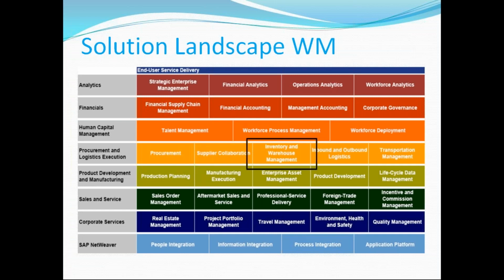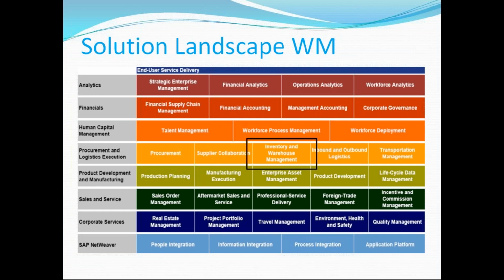In inventory and warehouse management, you will be keeping all your items that you have goods received from your production order or the internal procurement. You can keep the material directly on the inventory side as well as in the warehouse management. That means you can directly have your storage location at the IM level as well as at the WM level.